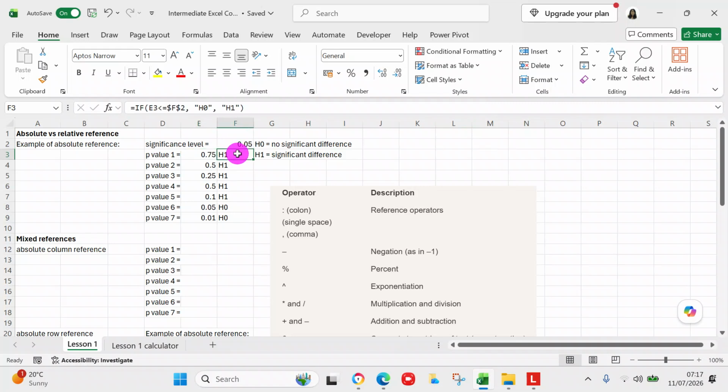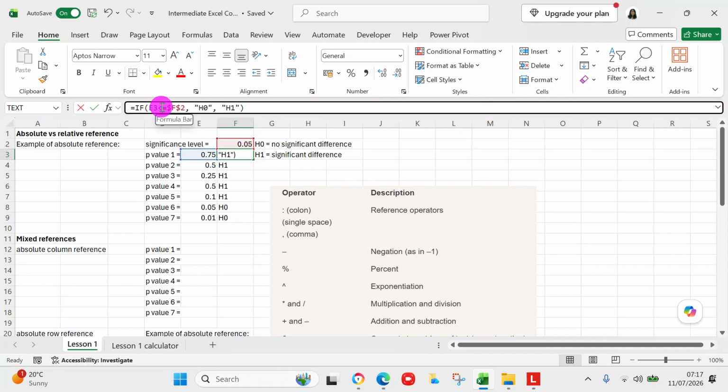Okay, so we've got here, if E3 is less than or equal to F2, which is your significance level, you're going to say H0 or H1, but I've already made a mistake in that. It should be greater than or equal to.